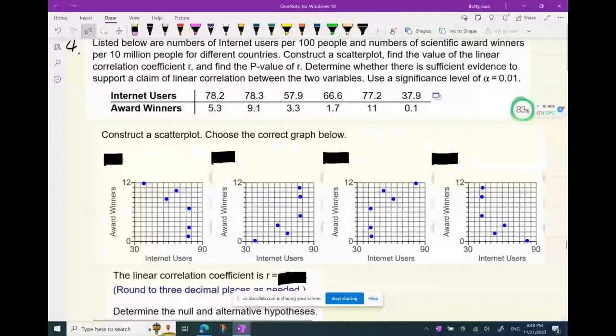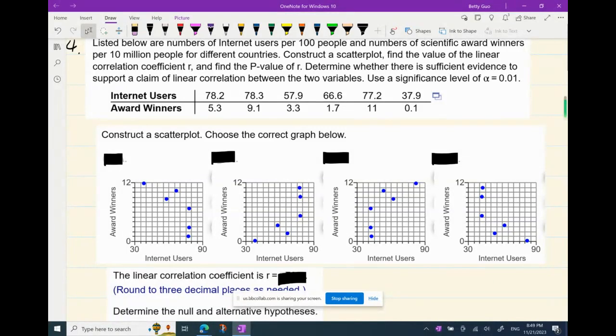What about r? Where should we go? Stat, tests, letter F. Okay, we have L1, L2, everything is going to stay the same. If I use L3, L4, I have to change L3, L4 a few times, so I always like to use L1, L2. And then calculate.